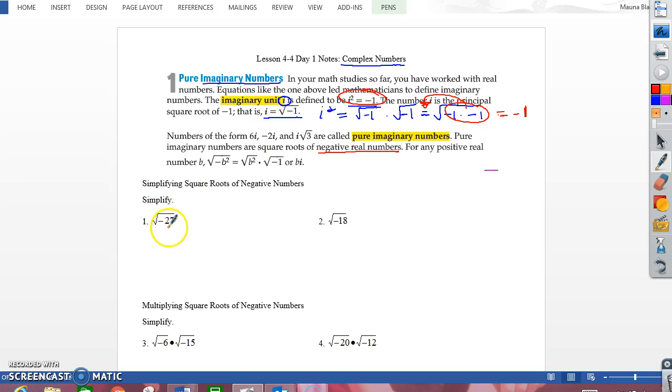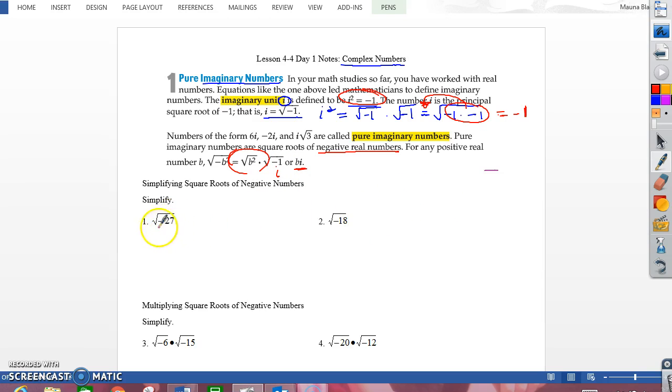We can take the square root of 27, but not -27 without having an i to deal with. So if we have the square root of -b squared, we can break that down into the positive part and the square root of -1, and we know the square root of -1 is i, so it's whatever I get here times i, or bi.